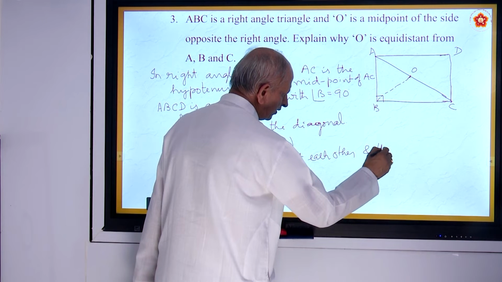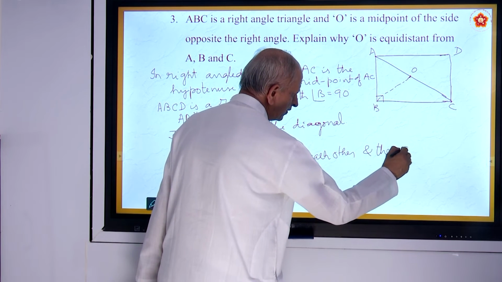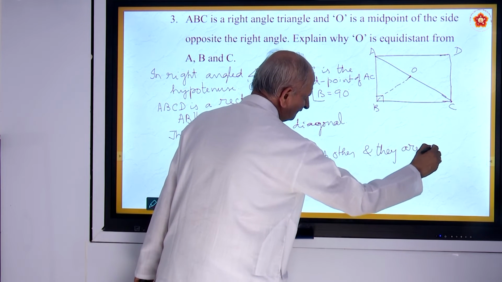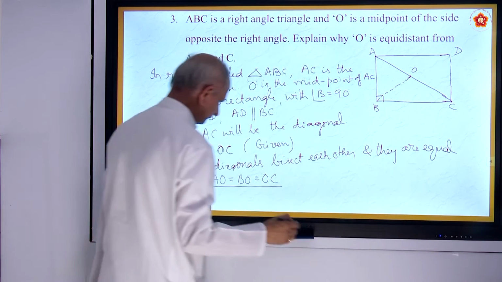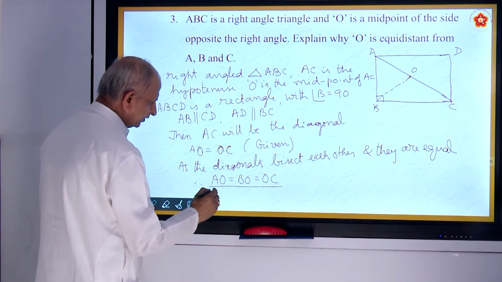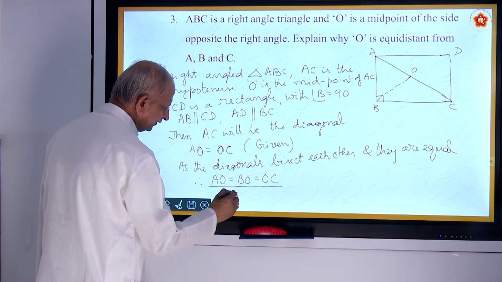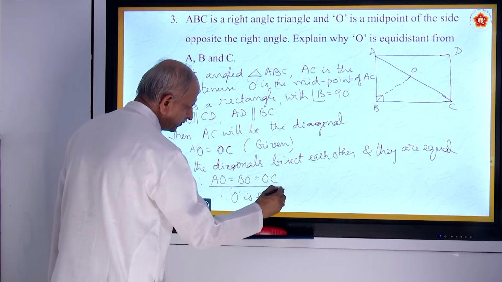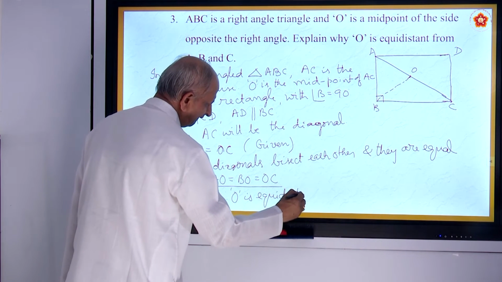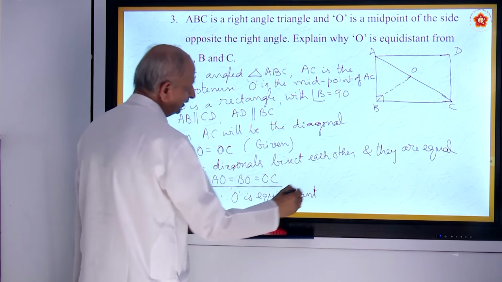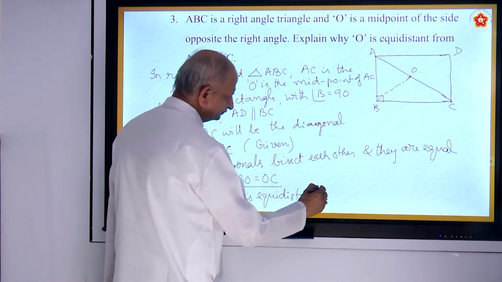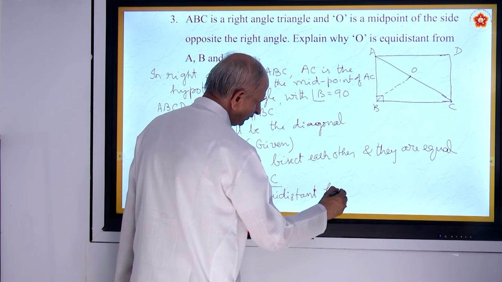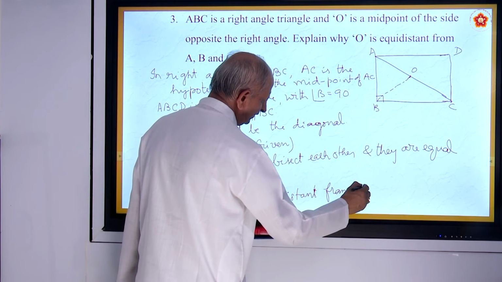And they are equal. And lastly, therefore, O is equidistant from A, B and C.